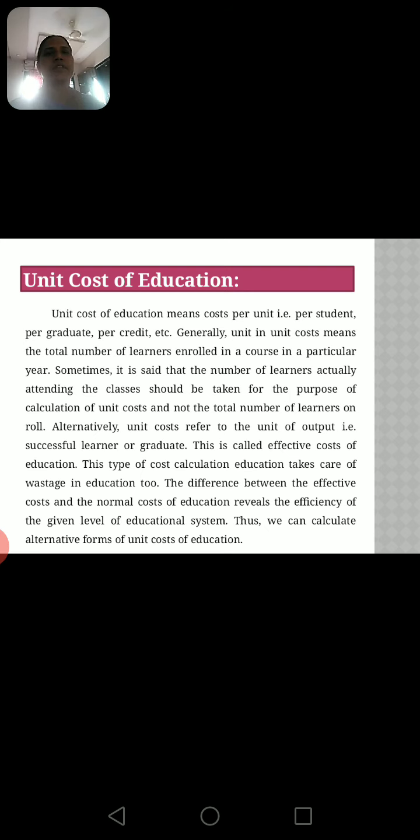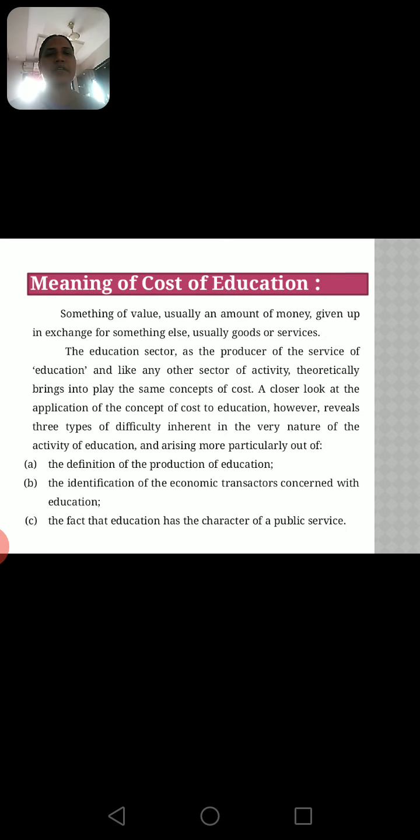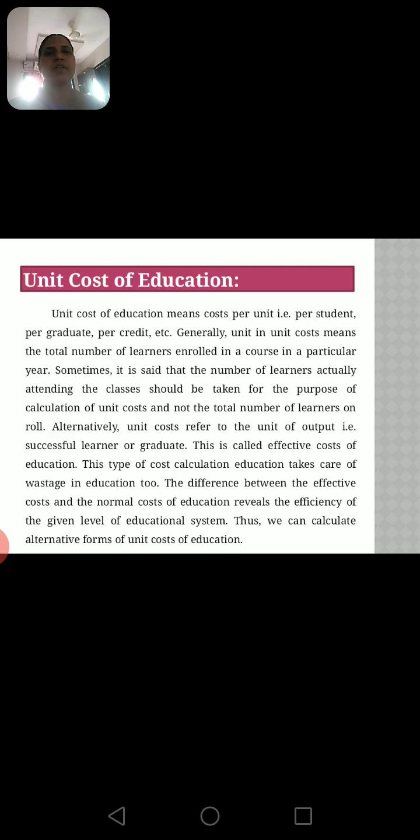Next, the unit cost of education. What is the meaning of unit cost of education? We need to know. Unit cost of education means costs per unit, that is per student, per graduate, per credit, etc. Generally, unit in unit cost means the total number of learners enrolled in a course in a particular year.